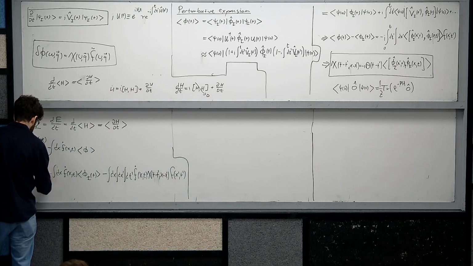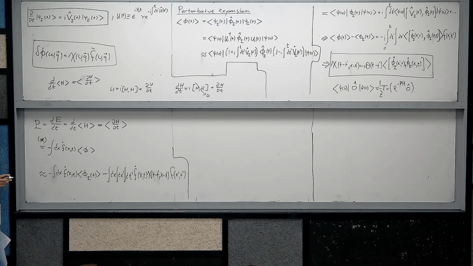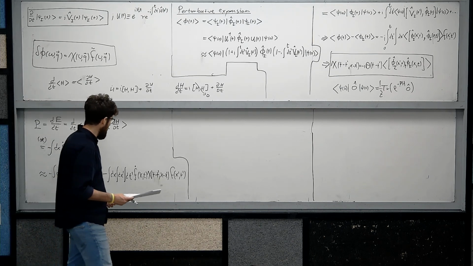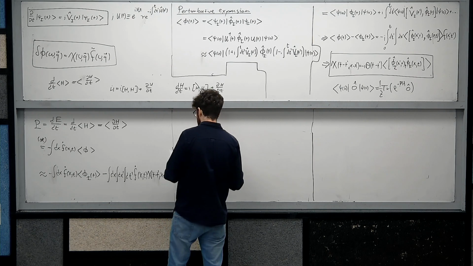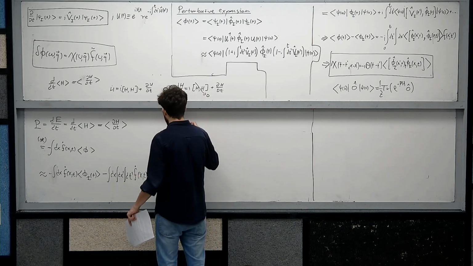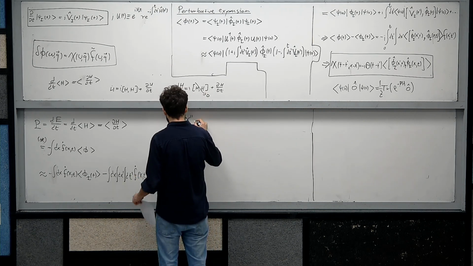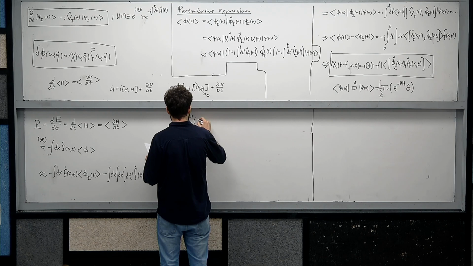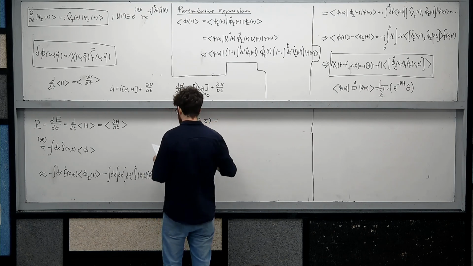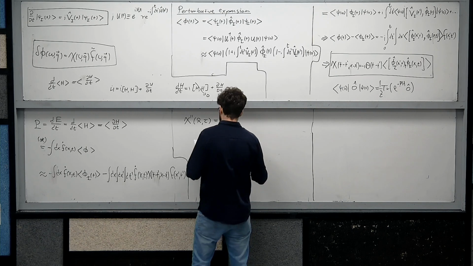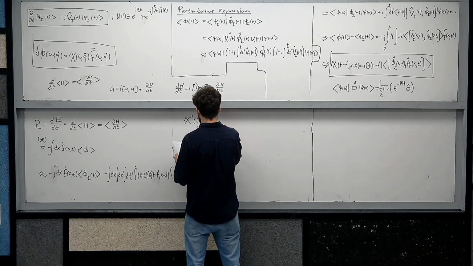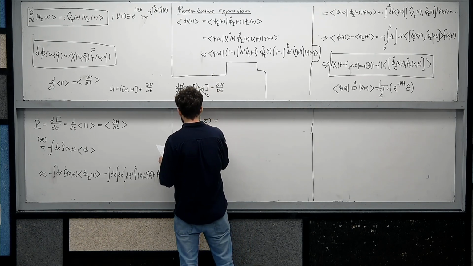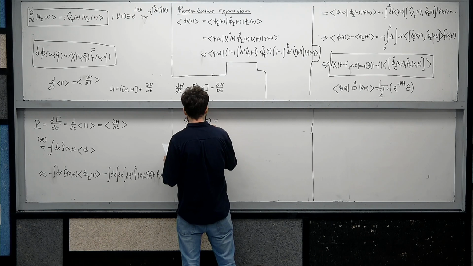This is an approximation, because this is linear response. Now we're going to make a definition. I define chi double prime of, say, r and tau, where this is like x minus x prime and t minus t prime.